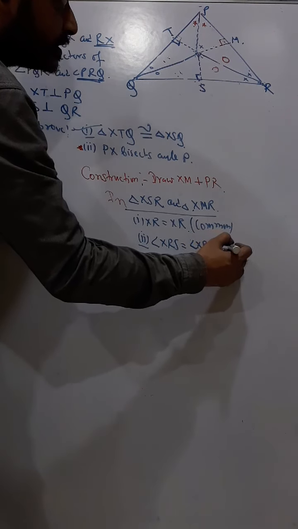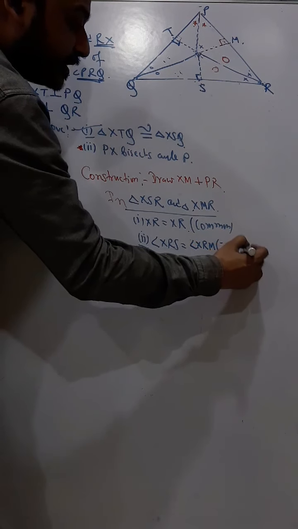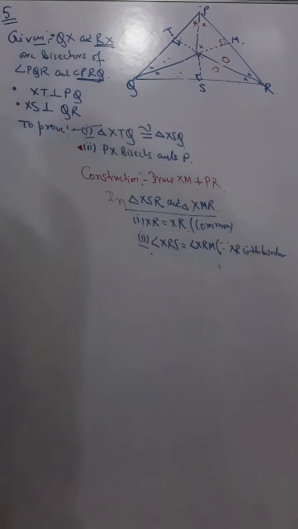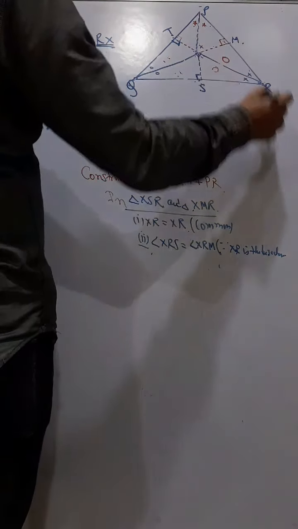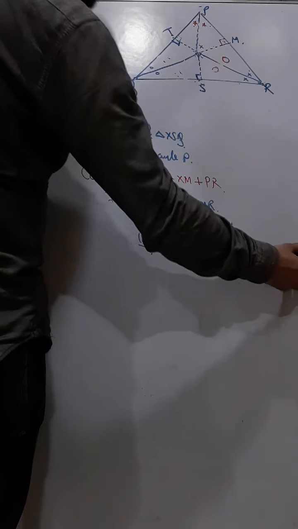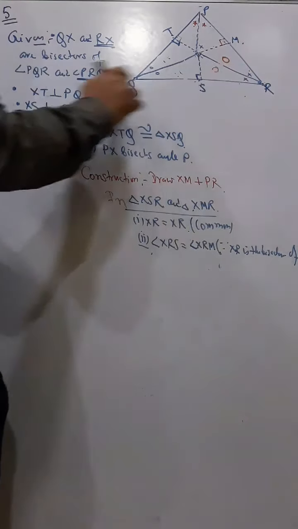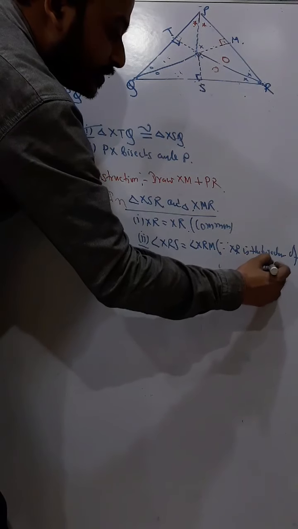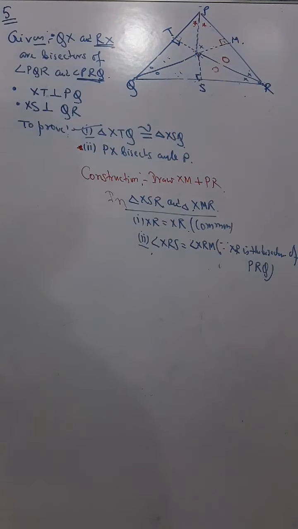Why? Since XR is the bisector of angle R, angle PRQ. So it was given.